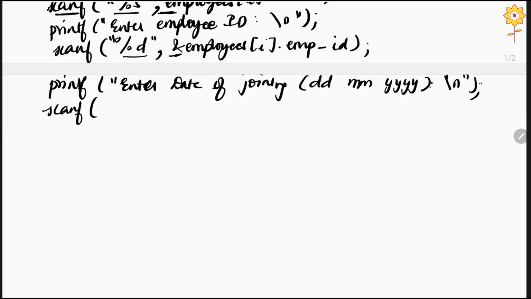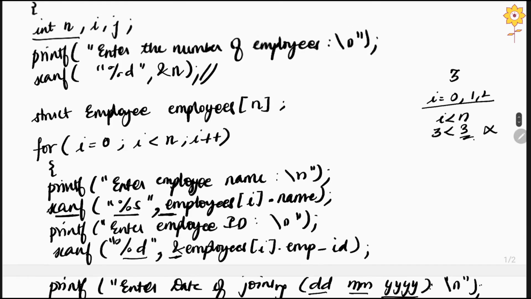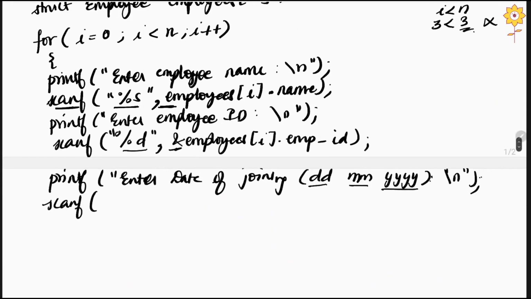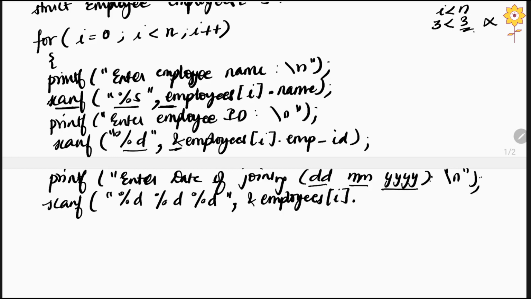For that we are writing scanf, since they are going to enter day, month and year, right? So here while creating the structure, they are 3 different variables of integer data type. That is why we will write %d 3 times. So %d %d %d, and then you will write ampersand employees i. Employees is the instance, i is the iterator's value. So 0, employee 0's joining date.